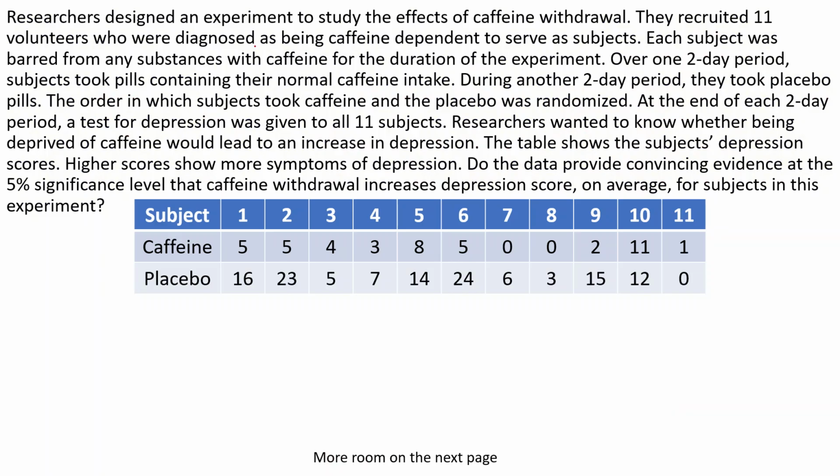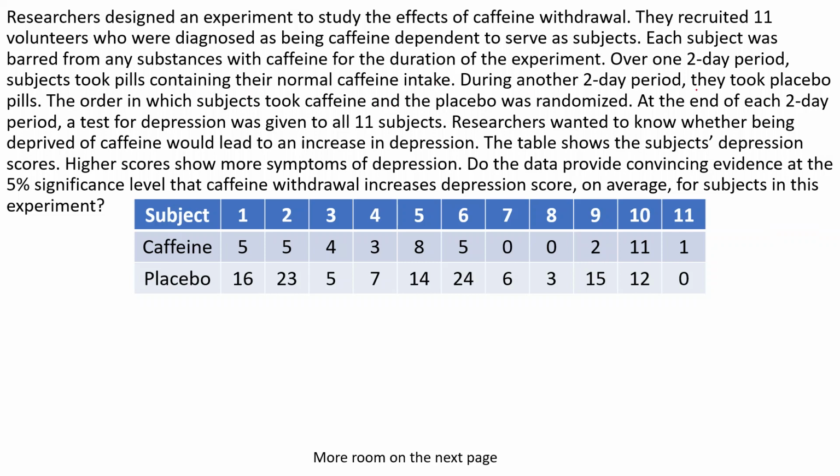Here's our example. Researchers designed an experiment to study the effects of caffeine withdrawal. They recruited 11 volunteers who were diagnosed as being caffeine dependent to serve as subjects. Each subject was barred from any substances with caffeine for the duration of the experiment. Over one 2-day period, subjects took pills containing their normal caffeine intake.